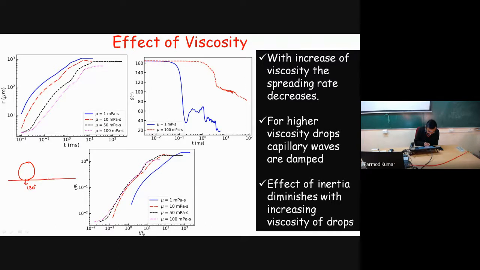Then with time, as it keeps spreading, its contact angle keeps decreasing. So that dynamic contact angle is plotted as a function of time. Okay, and why is its value decreasing? Because the dynamic contact angle is a function of contact line velocity, and contact line velocity is changing. Okay, is it clear?